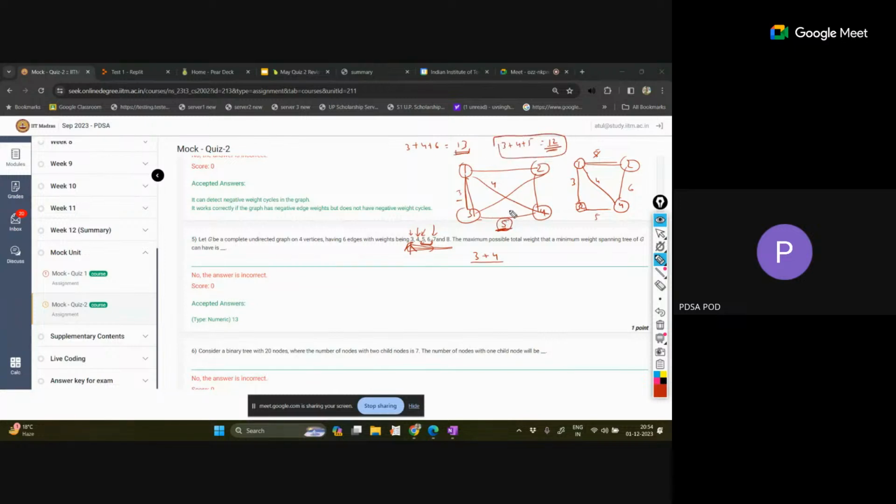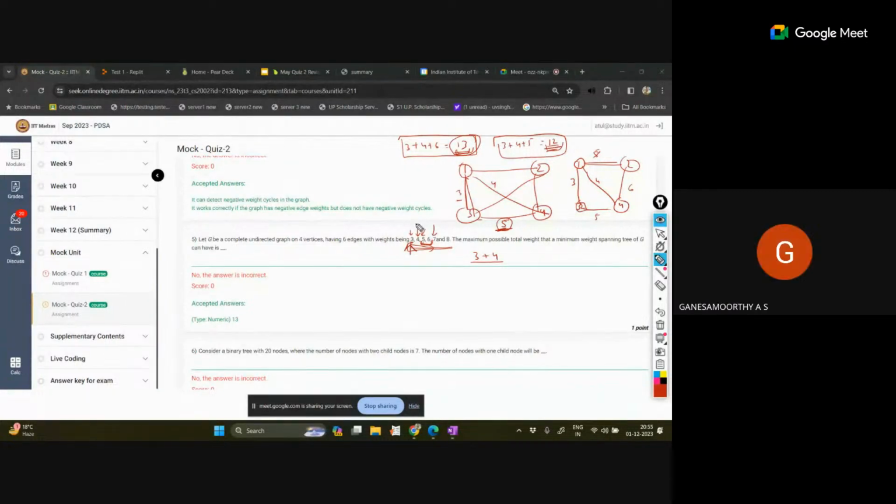If this 5 creates a cycle between 3 and 4, we cannot select it, and we move to the next smallest weight, 6, which will be selected. In that case we get 13. Otherwise you cannot get any other possibility. You cannot directly get 7 or 8 in this case. So you have only two choices: in one spanning tree you get 12, and in the other you get 13. Which one is the maximum?